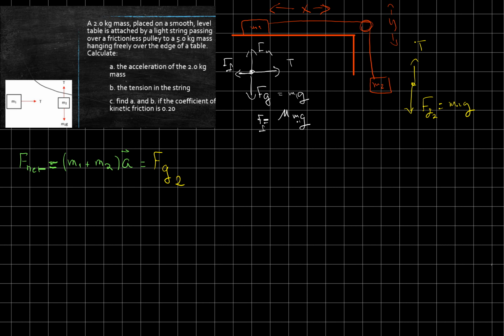This minus is because it's going in the opposite direction. Always think about it that way. It just makes life a lot easier when we are solving more complicated systems of equations.